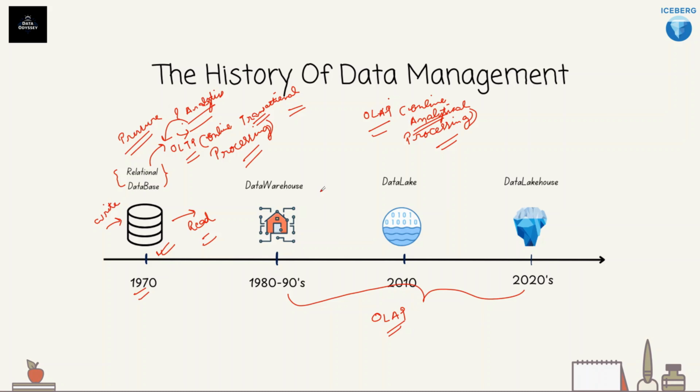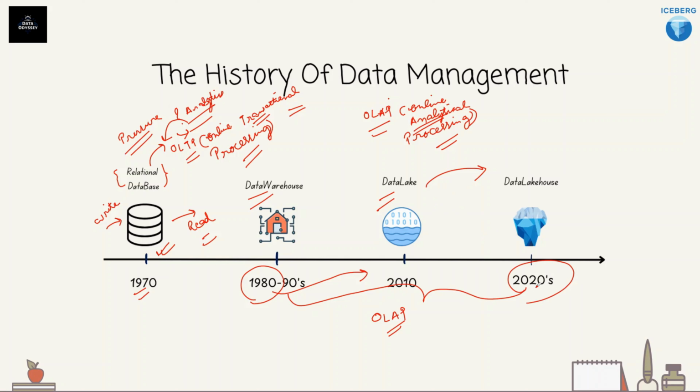Now, the first innovation in the OLAP series was the data warehouse, which came in around the 1980s and then evolved till 2010. In and around 2010 came the data lake, and then the data lakehouse in the 2020s, which is the most recent development in the world of data management.